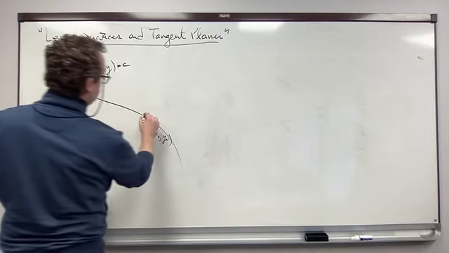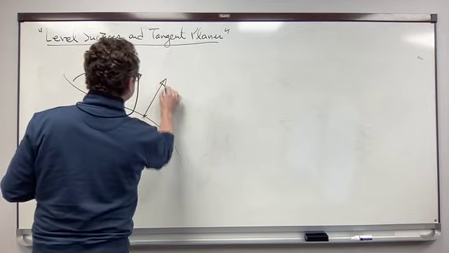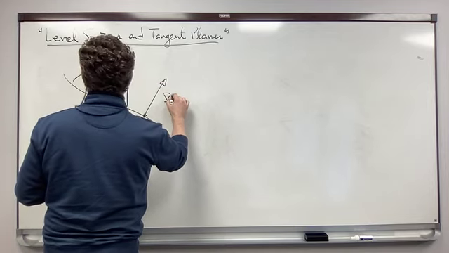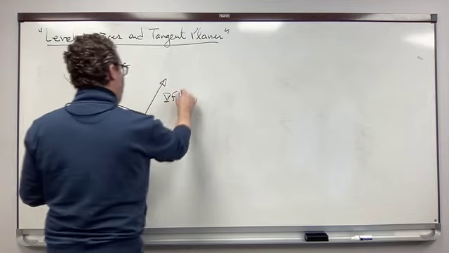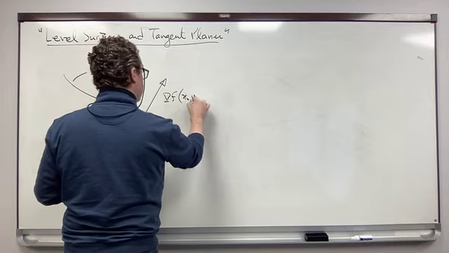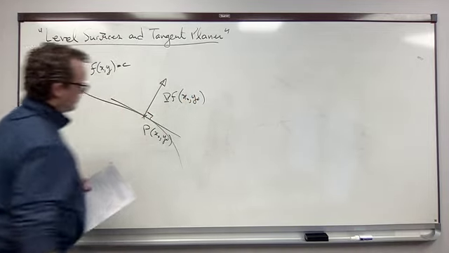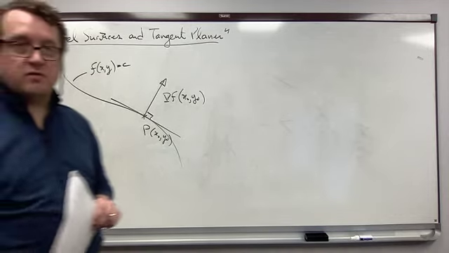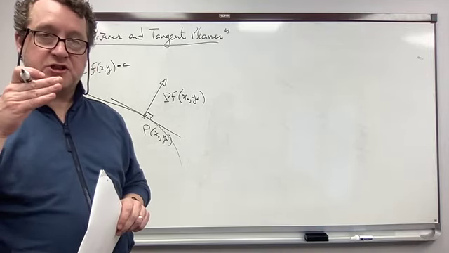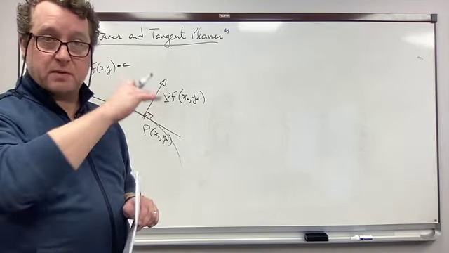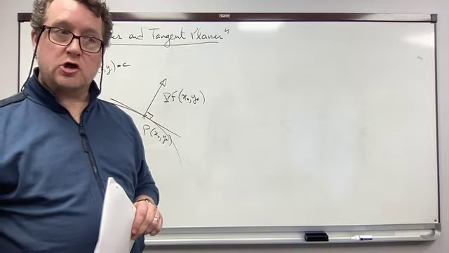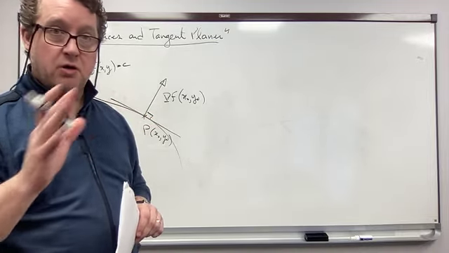Two things we know now. Number one, the gradient of f at that point will be perpendicular to the tangent to that level curve. That's the definition of the gradient. It's the direction in which the function changes most rapidly, and that's always perpendicular to level curves, which are curves along which the function does not change at all.